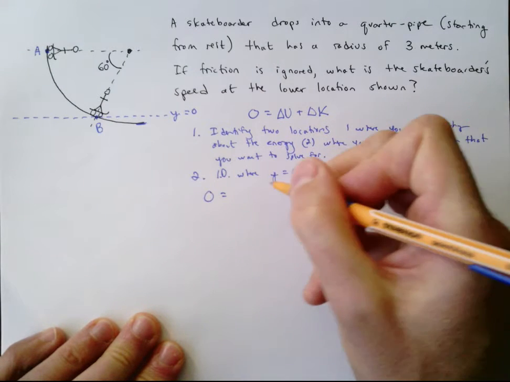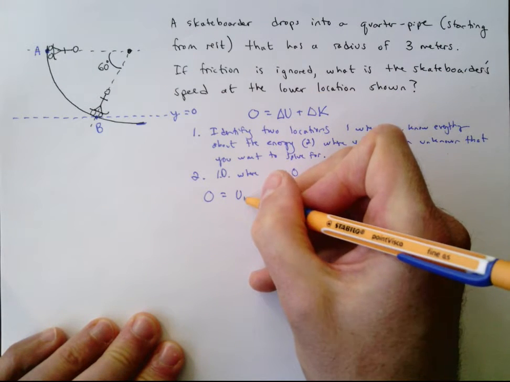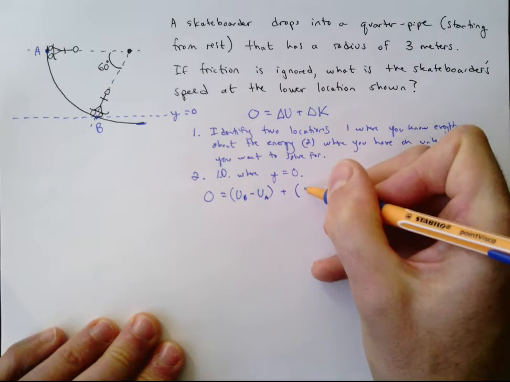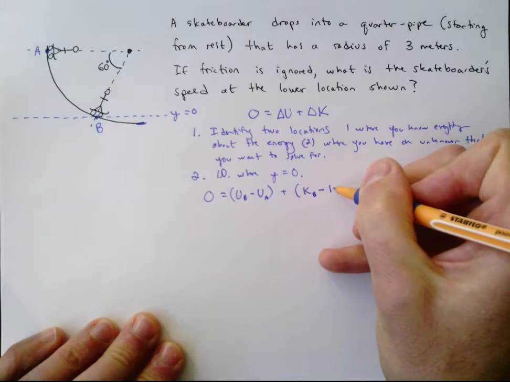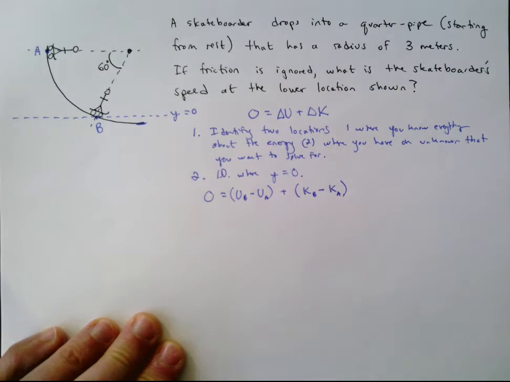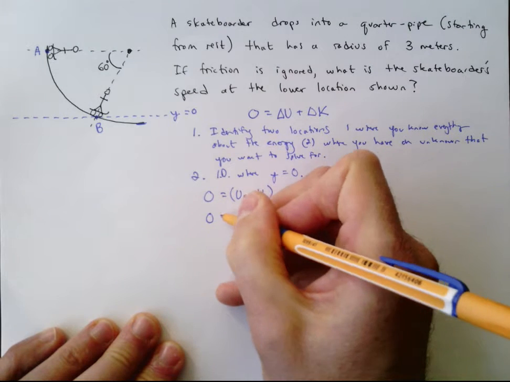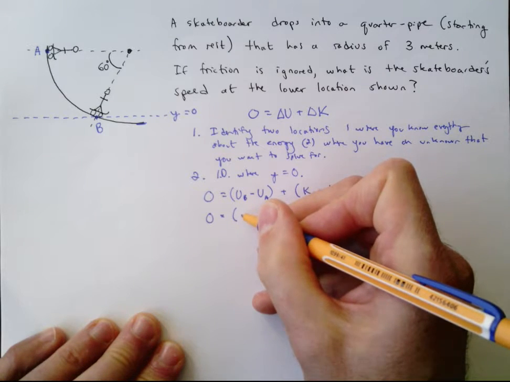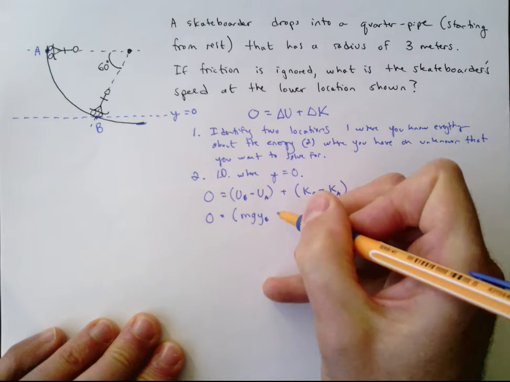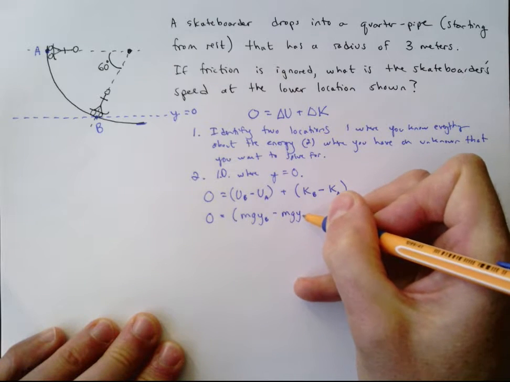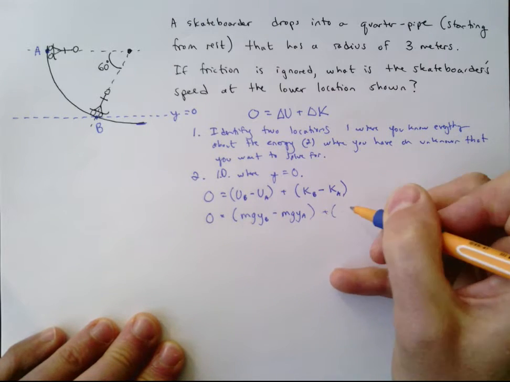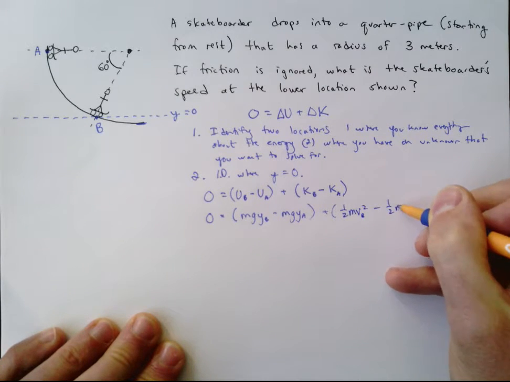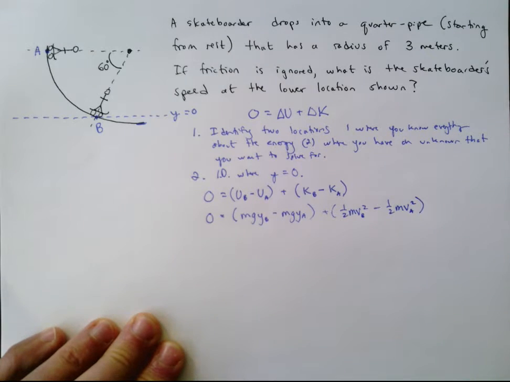To expand this, delta U really means the final U, which is at B, minus the original U, which is at A. And delta K means the final K at B minus the original K at A. Now usually you continue to expand this equation by filling in the formulas. Gravitational potential energy is mgy at B minus mgy at A, plus kinetic energy, 1/2 mv at B squared minus 1/2 mv at A squared.